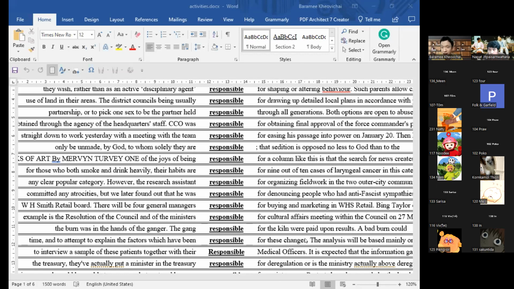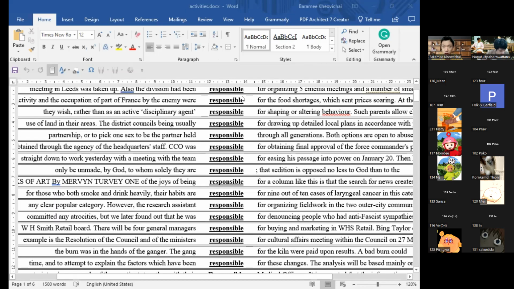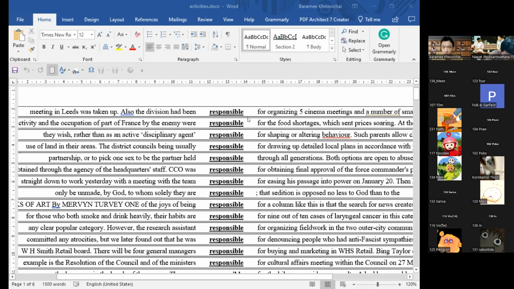Okay, so have you got the answer? Would anyone like to share your observation about which word tends to occur on the right of responsible and which word tends to occur on the left of responsible?